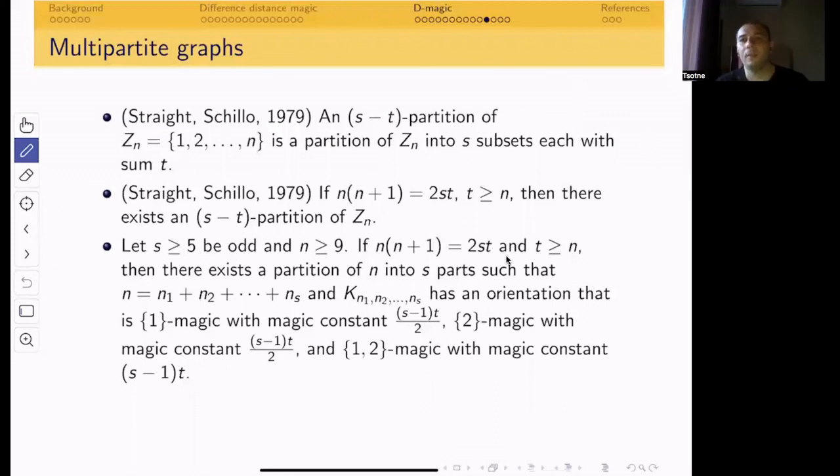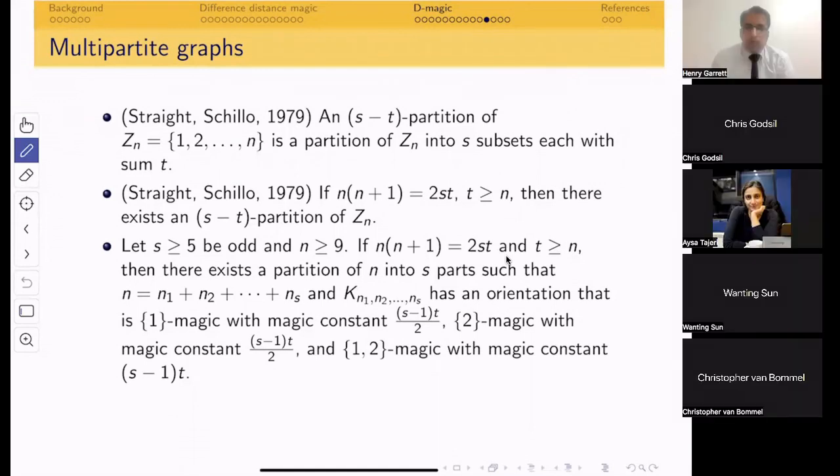I think this solves the problem of counting the number of unordered non-negative integers constrained with the sum. I think there is no solution known for now, but my expectation is that this difference distance magic can be used to solve this problem.